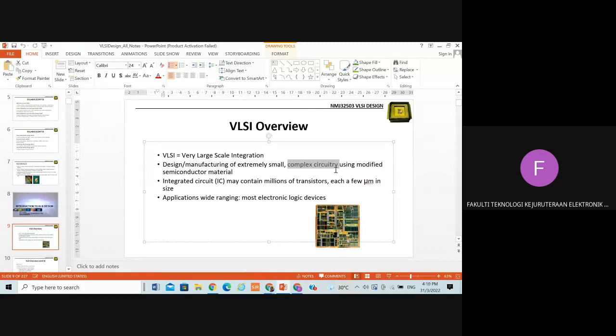To implement a complex circuit, we need the smallest possible circuits. The smallest possible circuit we can achieve using the smallest possible transistor fabrication technology, nanometer, micrometer, and so on.